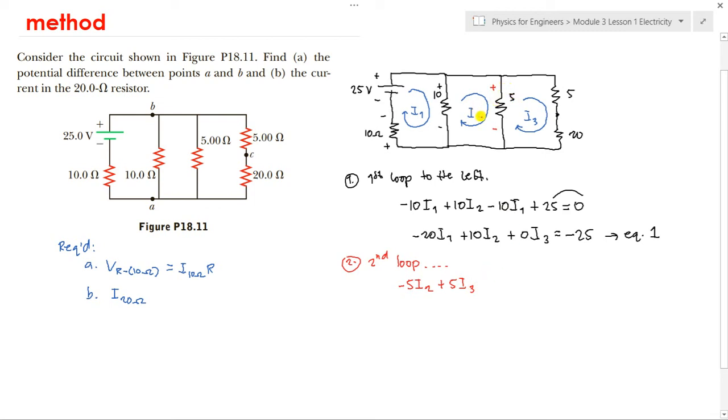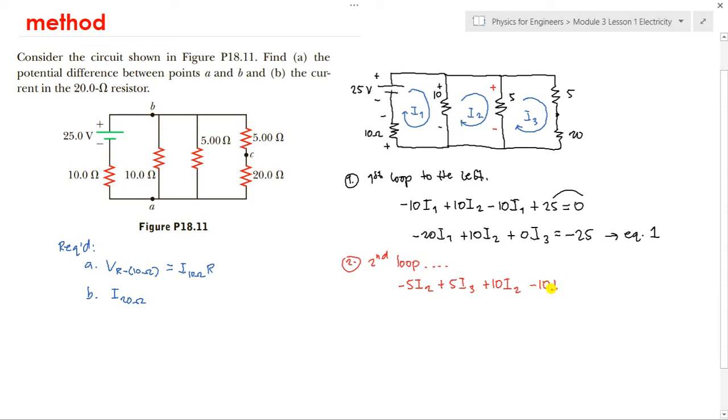And then next, the 10 ohm resistor. For the 10 ohm, 2 interactions, I2 and I1. Let's start with I2. I2 is from negative to positive, so that is a voltage increase. That will be plus 10 I2. However, for I1, it is opposite, from positive to negative, so voltage drop.